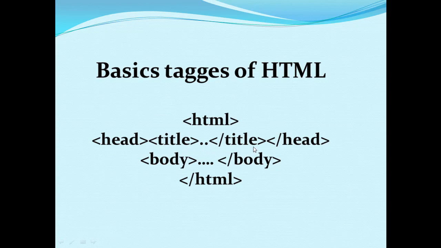The title has both opening and closing tags, and then we write a body tag. In the body tag, we write everything shown in the main window of the browser.